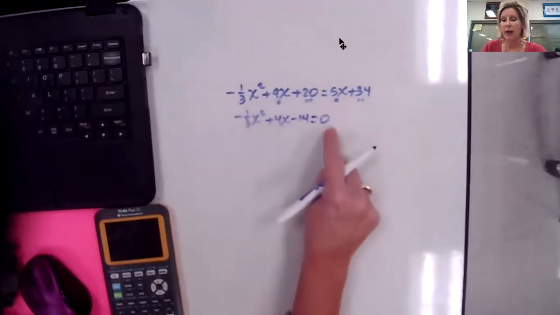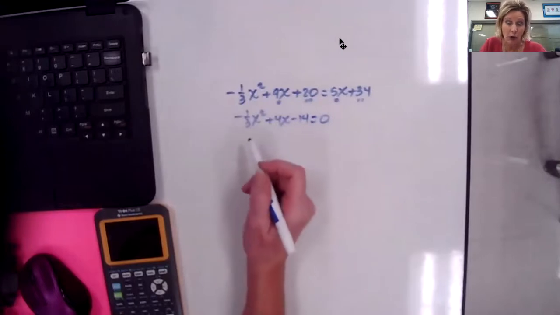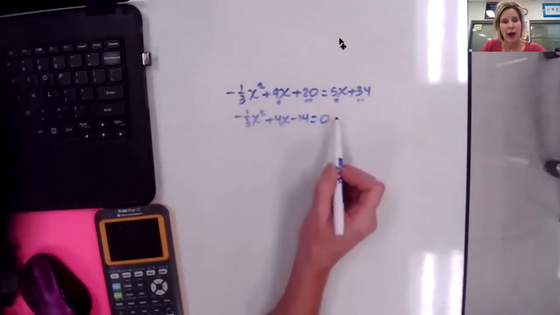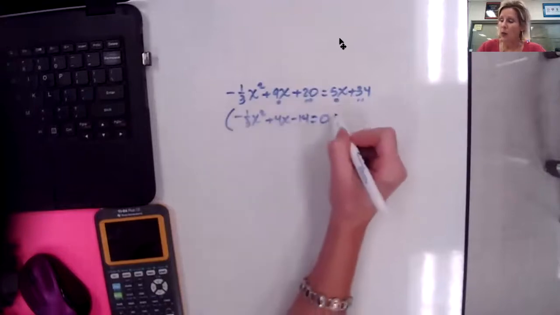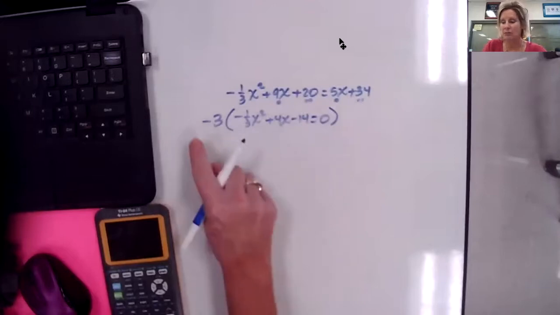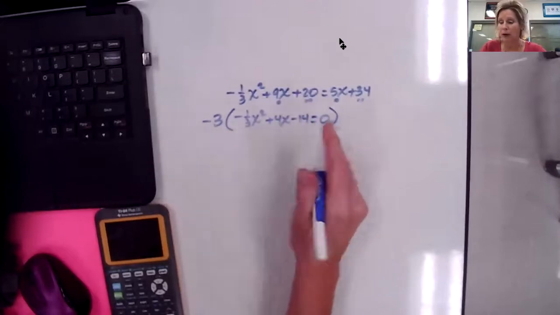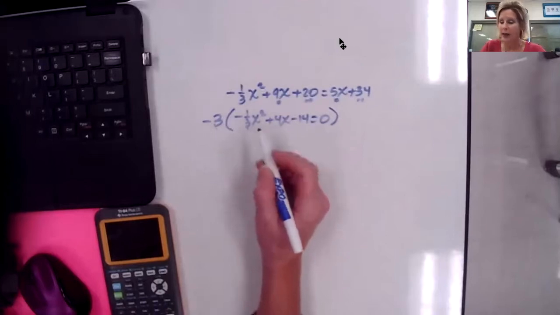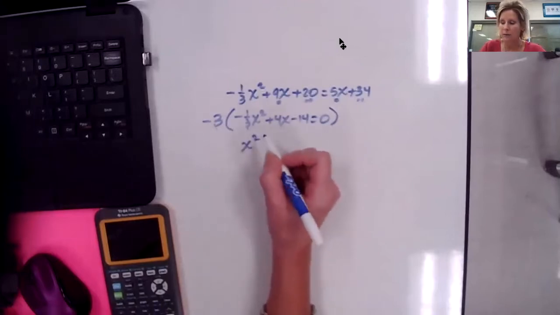But guys, I never, ever, ever solve by quadratic formula or factor or complete the square for that matter, if I lead with a negative or if I have any fractions. So what I want to do is clear the negative out and the fraction by multiplying everything by negative 3. So negative 3 times negative 1/3 is positive 1x squared, and that's what I want.